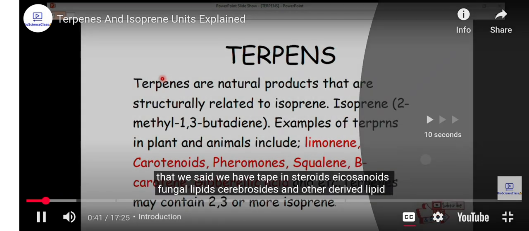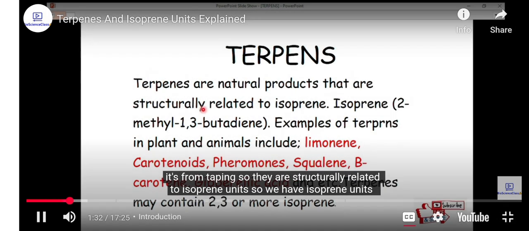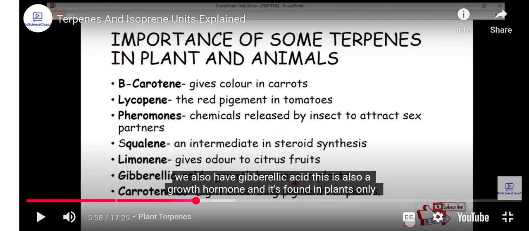Of lipids, talked about other derived lipids. They are structurally related to isoprene. You can even see their importance in plants and animals. Beta carotene gives the color to the carrot. Lycopene promotes squalene and is an intermediate in steroid synthesis. Limonene gives the color to citrus fruit.